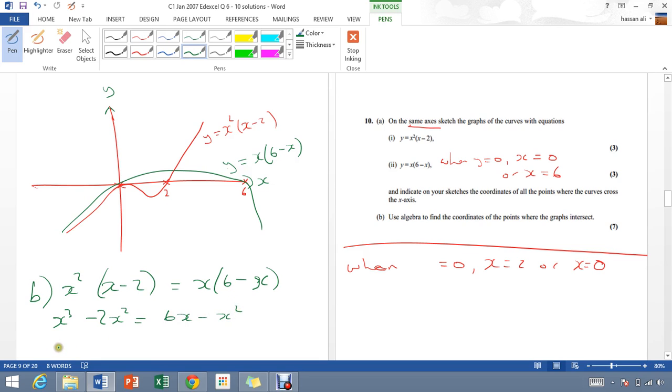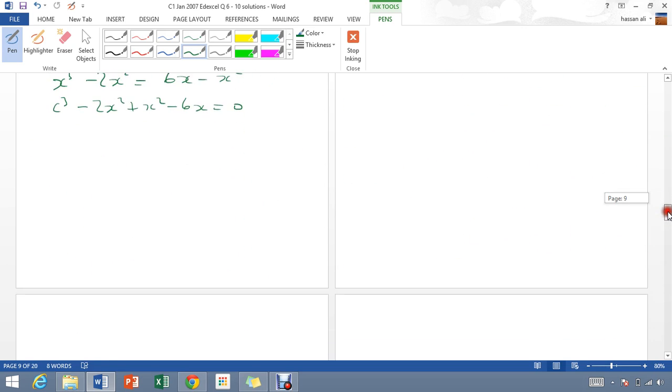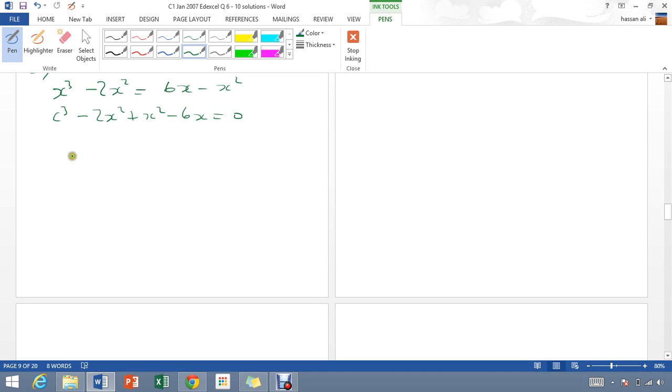If you simplify all of that, you'll have x cubed, let's take that across, so minus 2x squared plus x squared minus 6x all equals 0. Therefore I've got my minus 2x squared plus x squared, which will be x cubed minus x squared minus 6x equals 0.